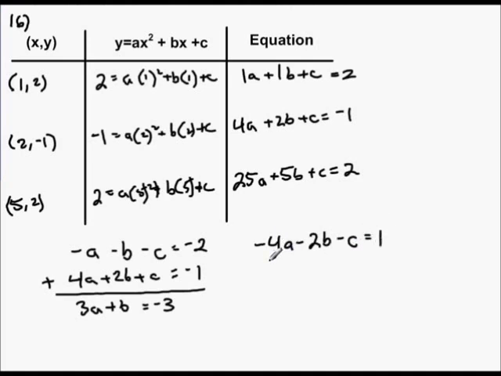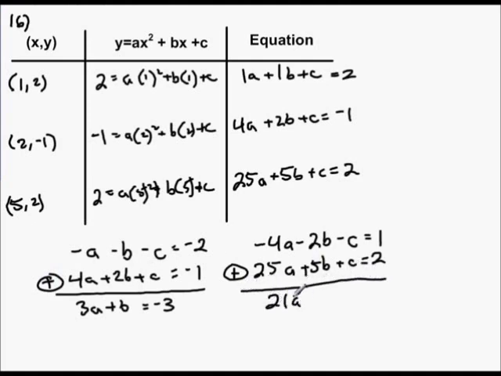Going ahead and adding the third equation now, I get 25a plus 5b plus c equals 2. And adding those two equations together, I wind up getting 21a plus 3b equals 3.